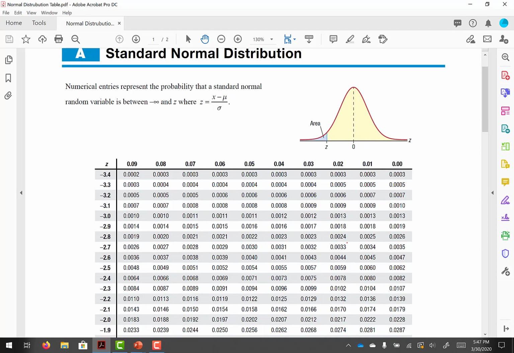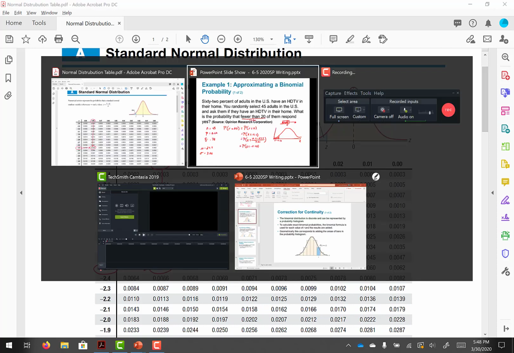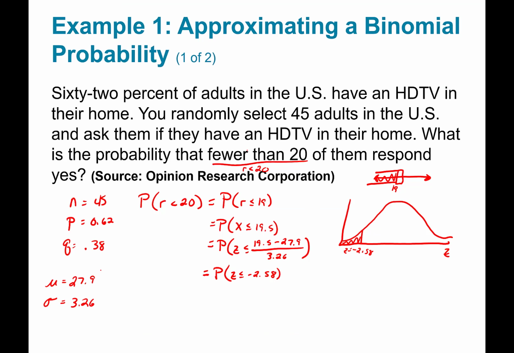Remember, you go down to negative 2.50 here on your left-hand column, and then go to 0.08, our hundredths digit. Find where that row and that column intersect, in this case 0.0049. And because we're looking for less than or equal to, which is what our table gives us, that is our probability. So approximately 0.0049.